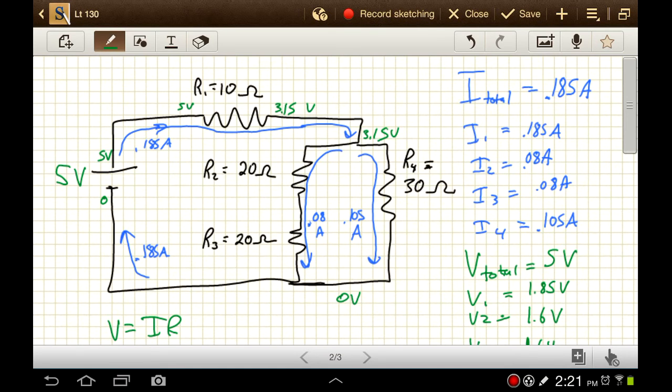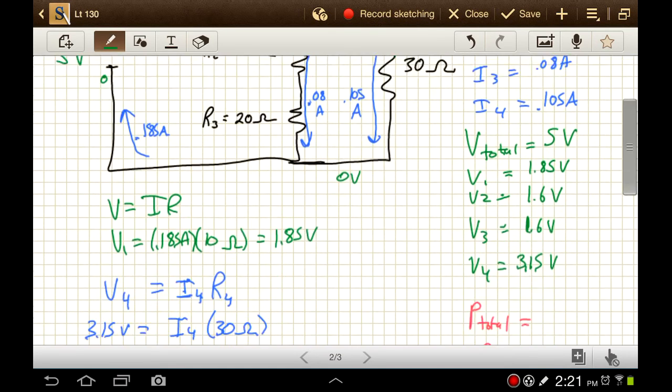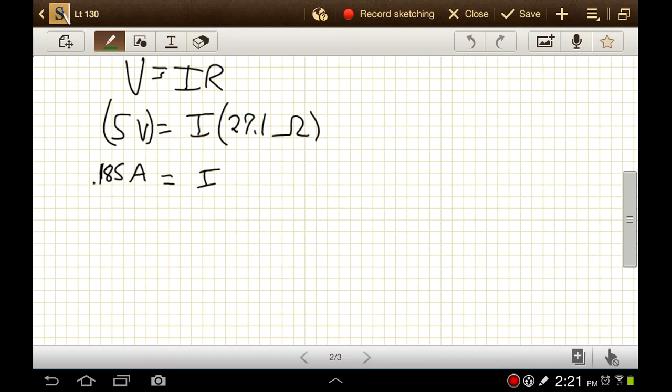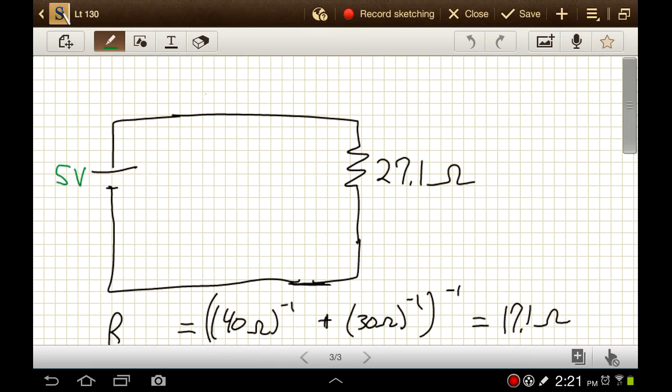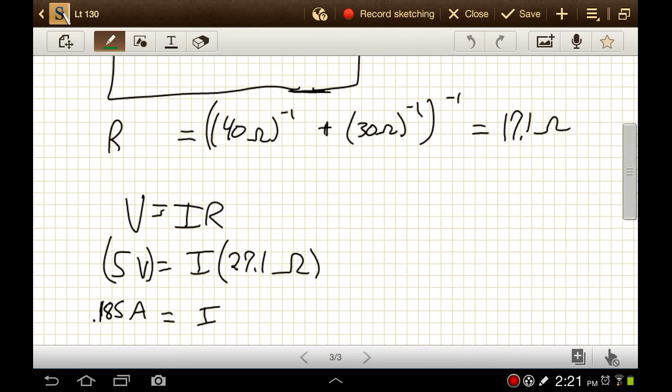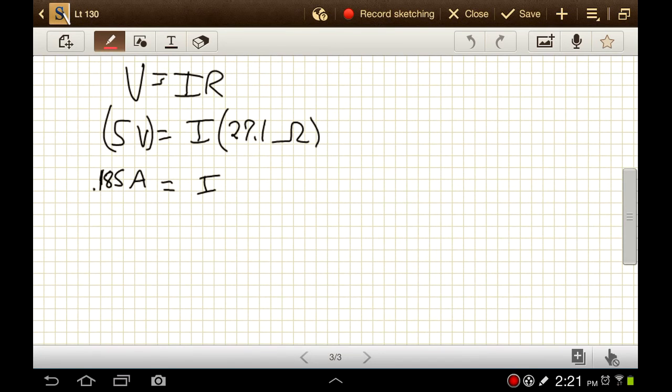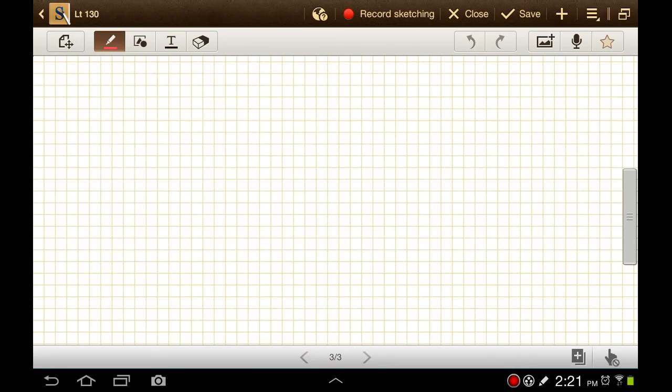Last bit here is to find power. So the power total, let's see, back over to here, we know that our voltage is 5 volts, our overall resistance is 27.1, so if we want to find the total power, remember the power equation, there's a few different variations here.